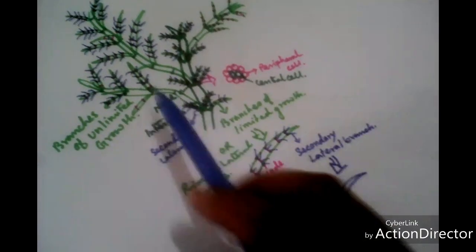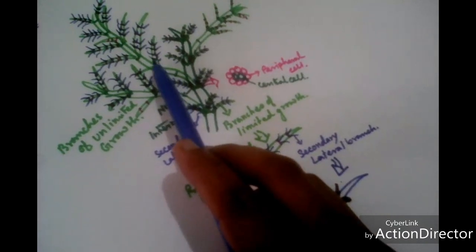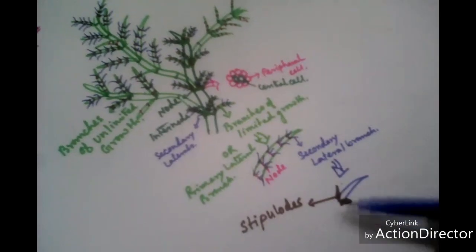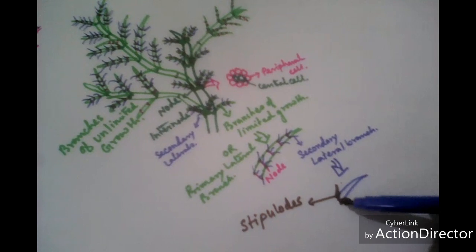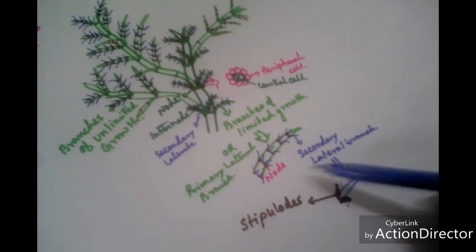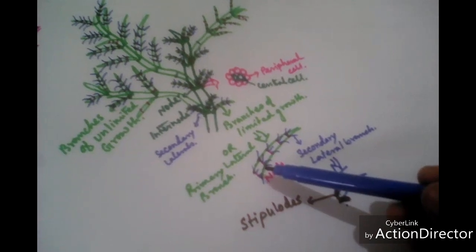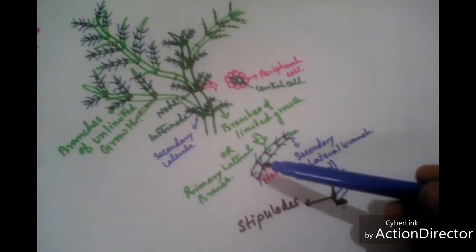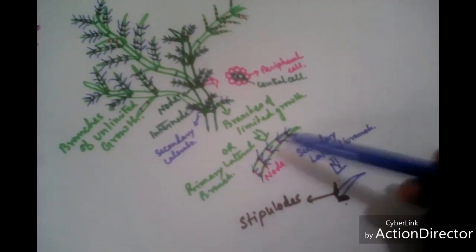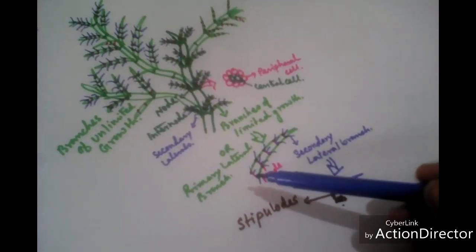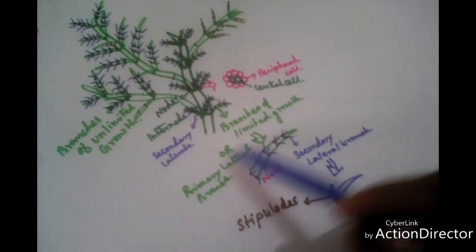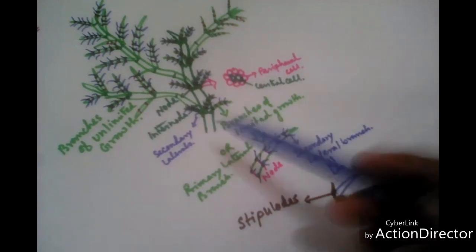So, stipulodes are present in this area, at the axial portions of the secondary lateral. Globulicules also arise from this area. So, this is the vegetative structure of Chara.